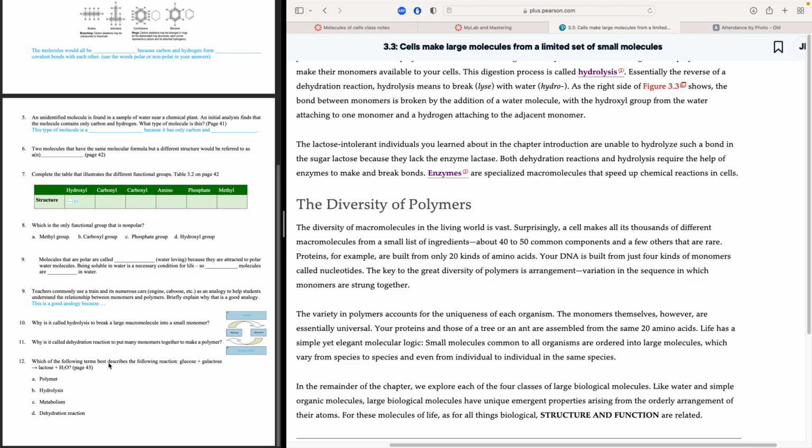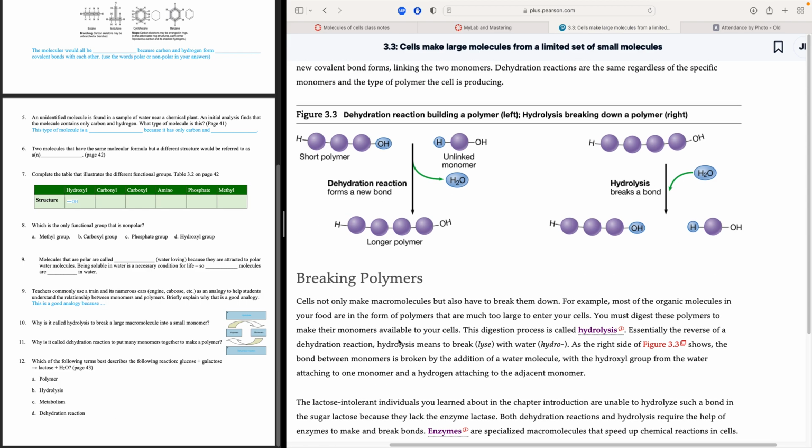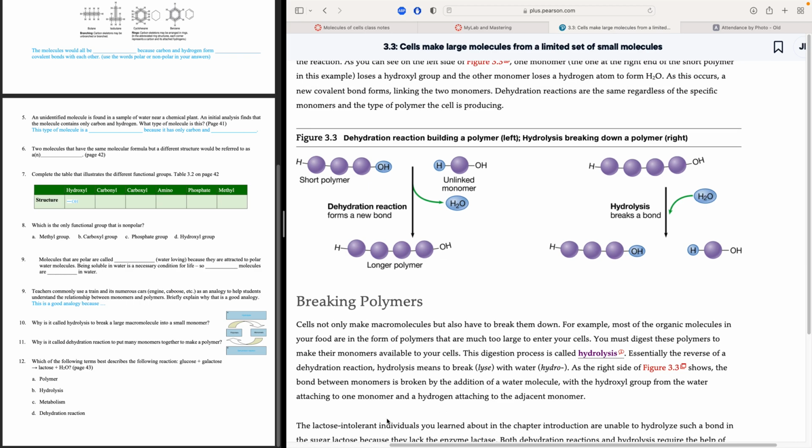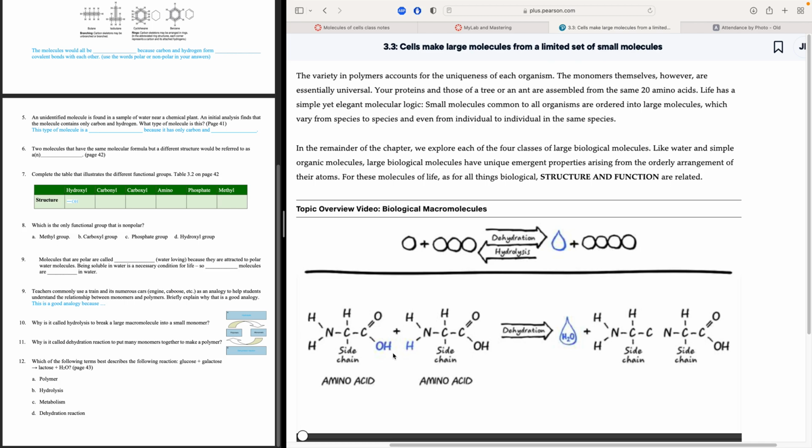It got pulled out of those reactants. So the answer for 12, that's a dehydration reaction. See, if you're creating water like that, that's a product. So it dehydrated the water out of the 2 polymers when it made a large molecule.